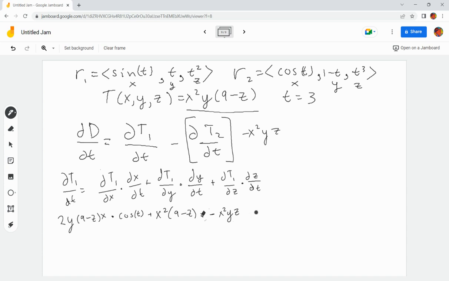Negative x squared y z multiplied by this thing. Oh, I didn't do this over here actually. That's fine, it's one. What am I thinking about? 2t. Oh, I hope that the answer key looks for a very dumb number.